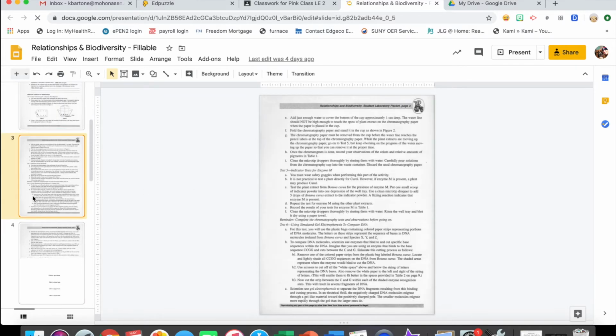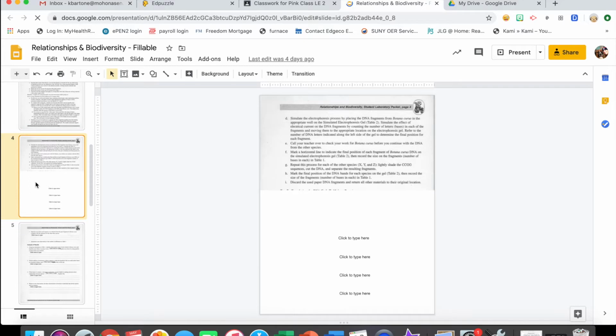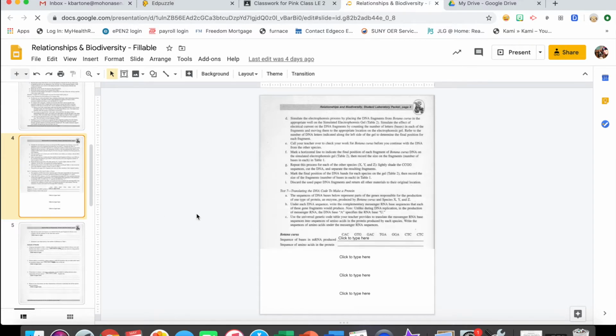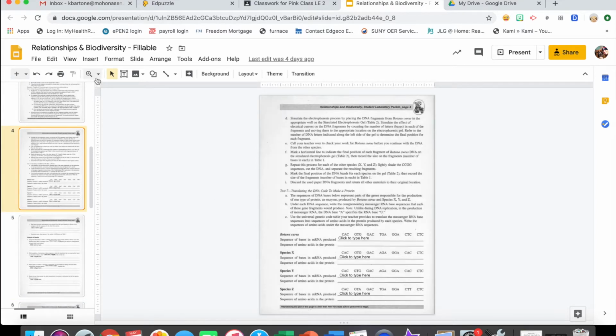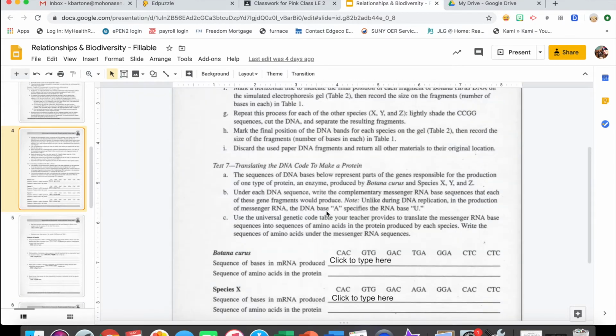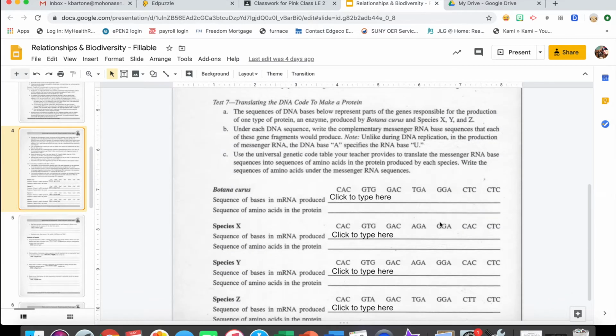Page 3 is all instructions. Page 4 should have been done in video number 3, in the last video you just watched. Not sure why it's not loading here, but this is the part on the bottom where you have to translate the DNA into RNA, and there we go, and then translate the RNA into amino acids using the amino acid chart.